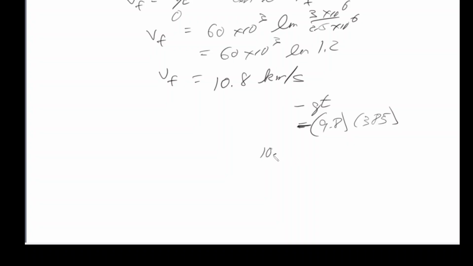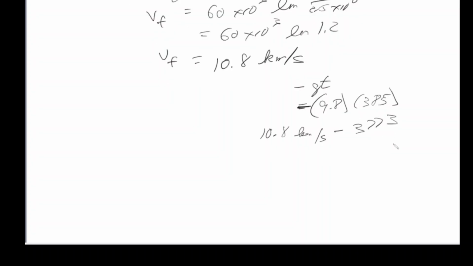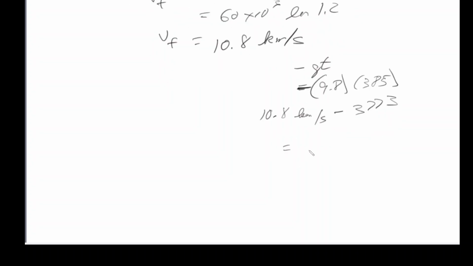So we'd get 10.8 kilometers per second minus 3773, which would equal, actually, 7 kilometers per second. So that's taking into account the force of gravity pulling back on the rocket.